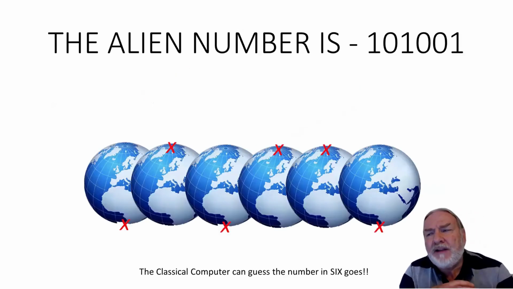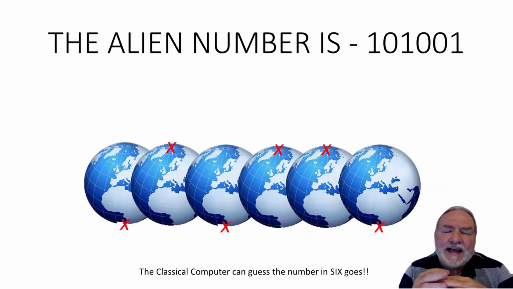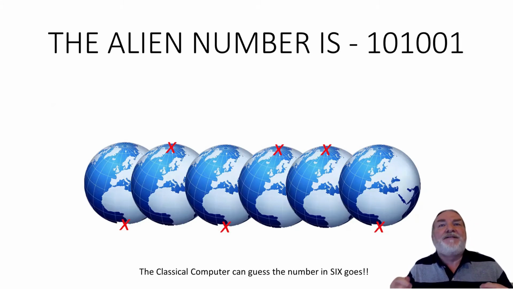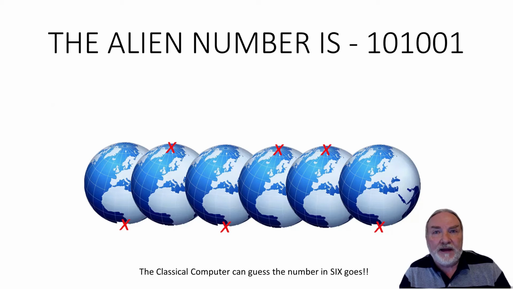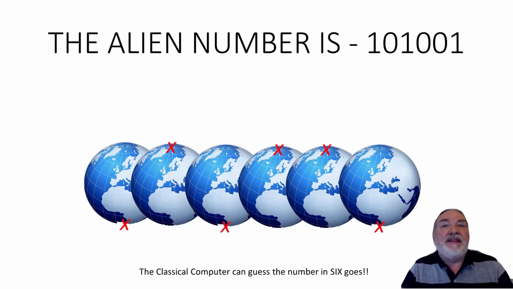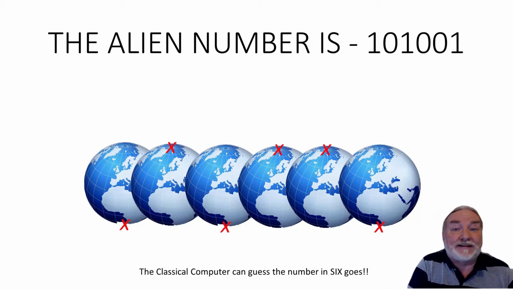Now, if we only had a classical computer, and let's say the only number is 101001, you can only choose 0 or 1. The classical computer is like you've got a photocopy of the classical Earth, and then you use it as an abacus.